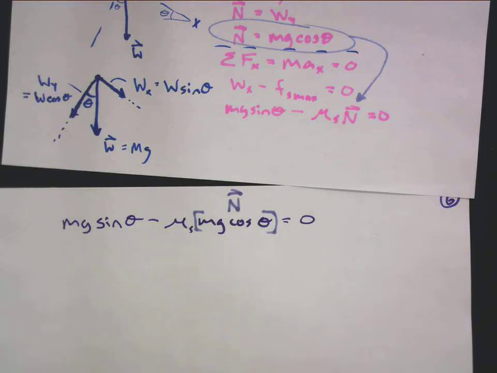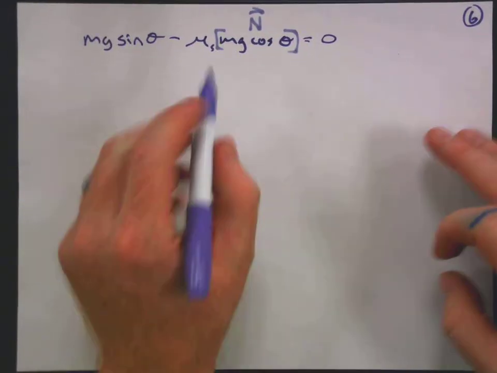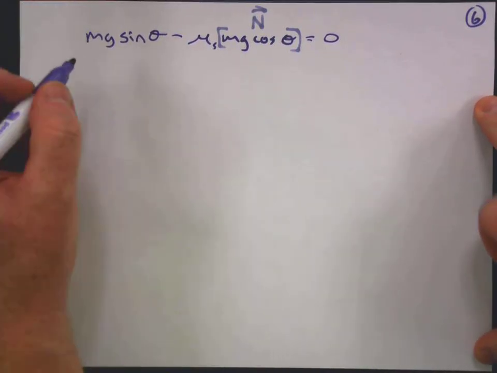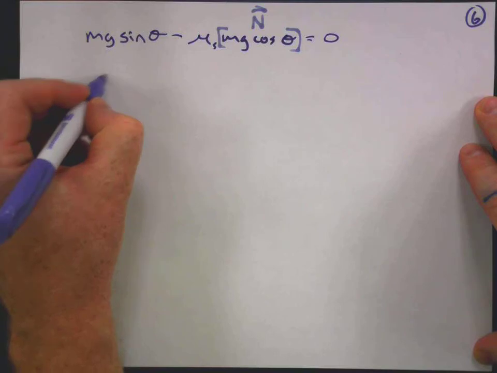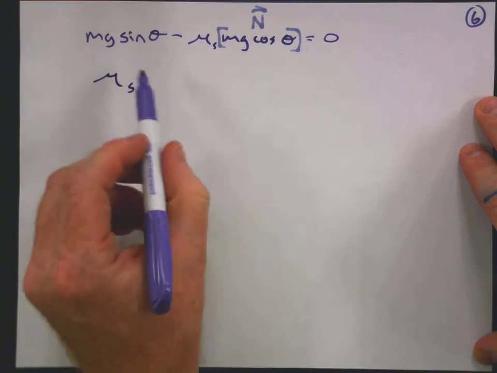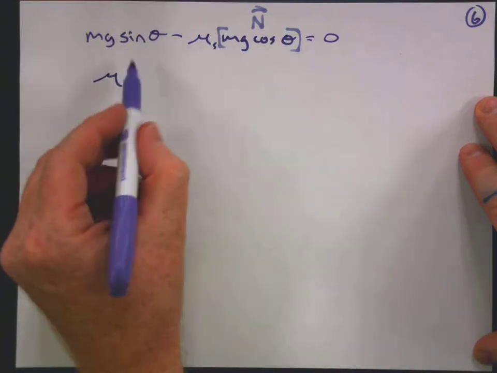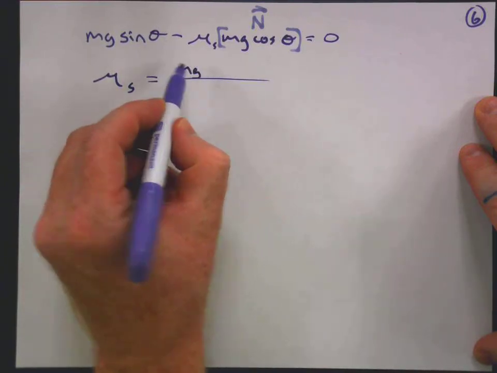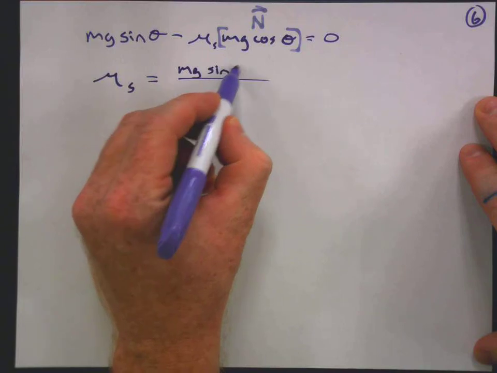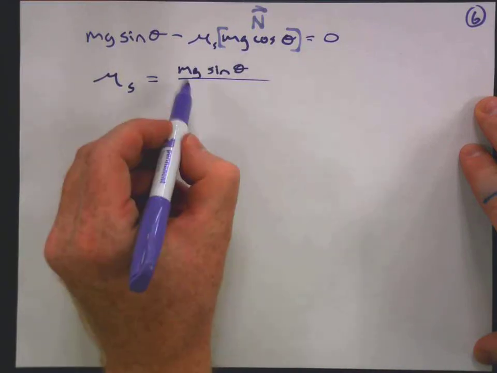Just so we're clear. And well, now I need to isolate my coefficient. So I'm going to, let's see, I'll do this. And then I'm going to have to divide by this business. That's going to be mg sine theta divided by mg cosine theta.